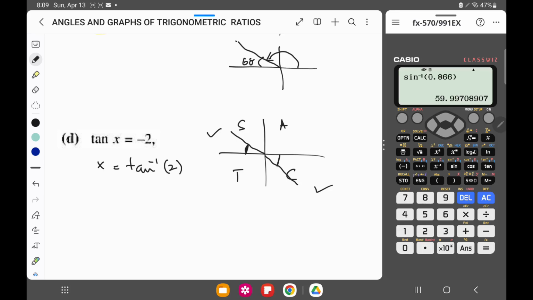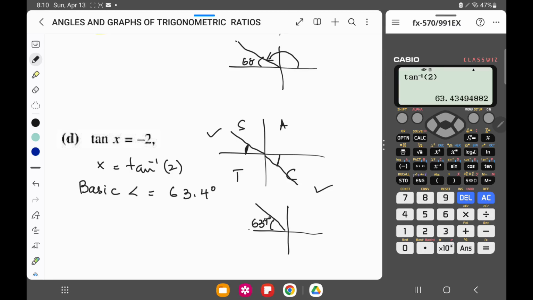It's not in the first quadrant, so whatever angle comes, that will not be our answer. So shift tan inverse 2, close bracket, equals 63.4 degrees. So your basic angle is 63.4 degrees. First of all, it's here, wherever tan is negative.